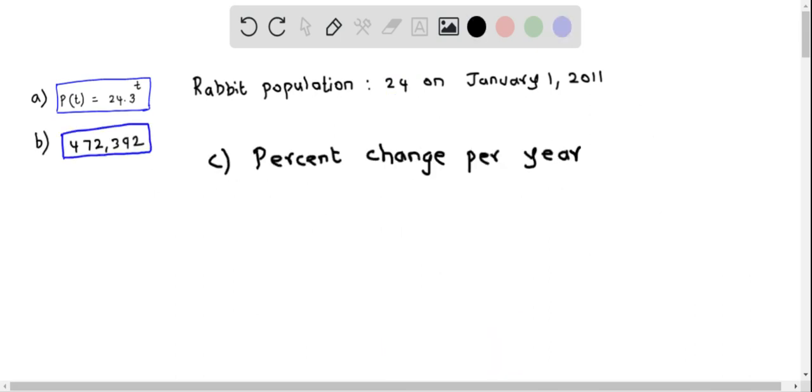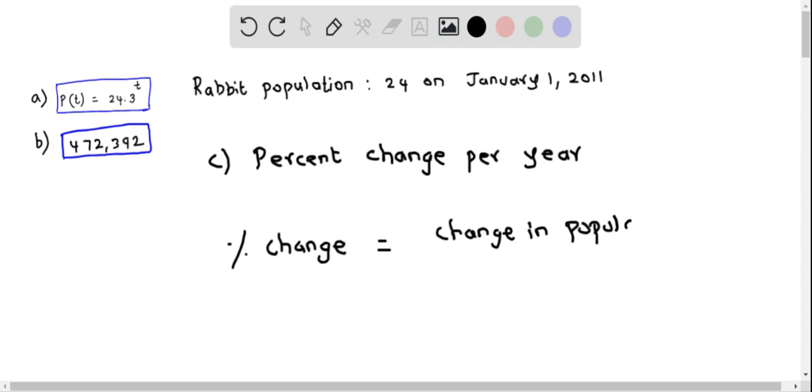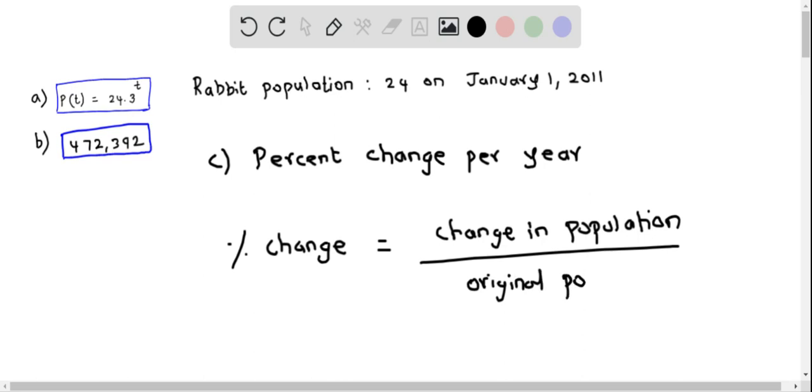Let's answer part C. So here we have to determine the percentage change per year. So we write down this percentage change in terms of a formula, and this equals the change in population for 1 year, divided by the original population, times 100.